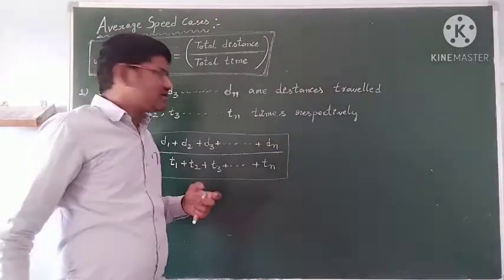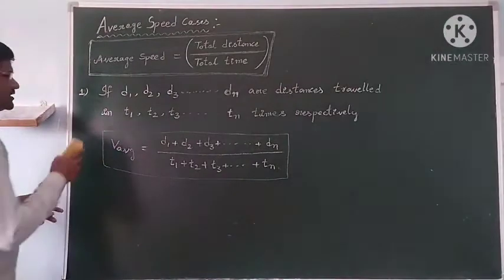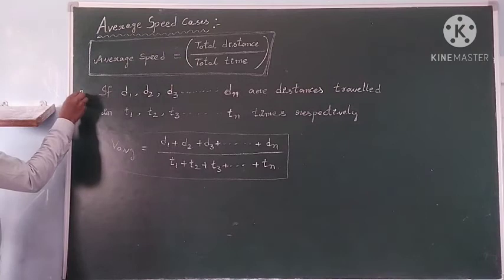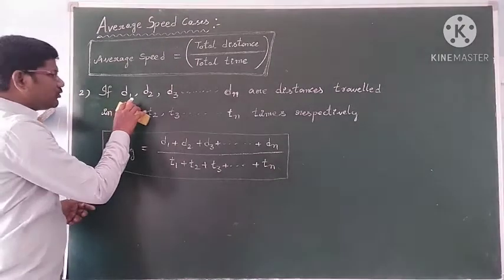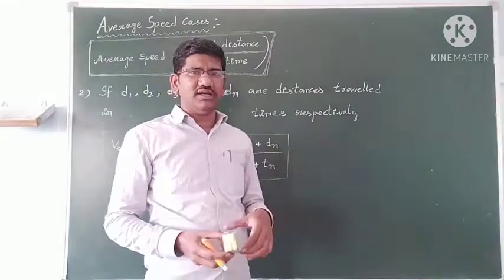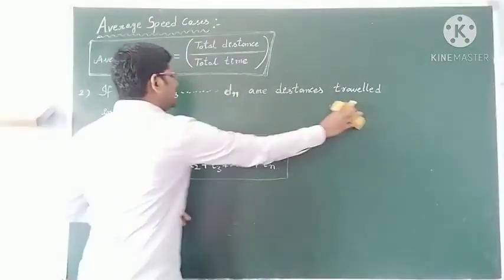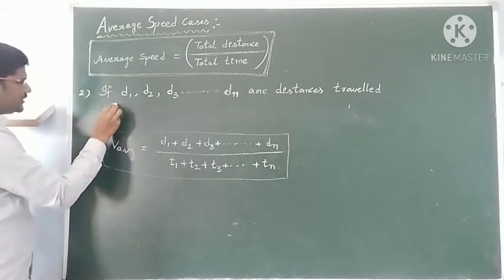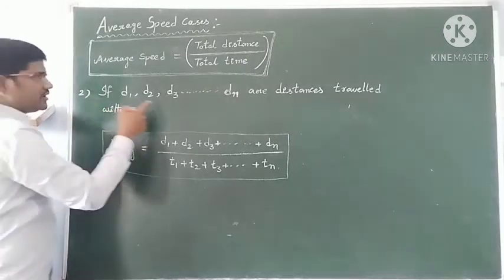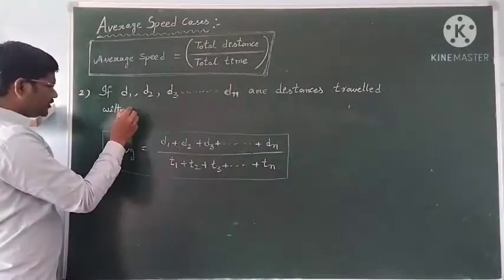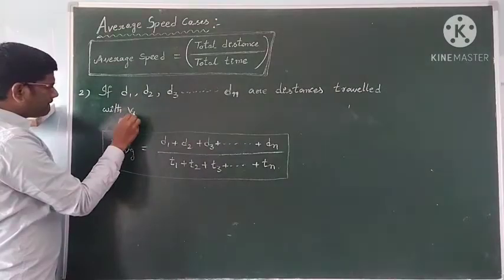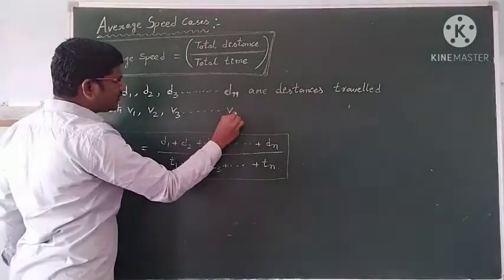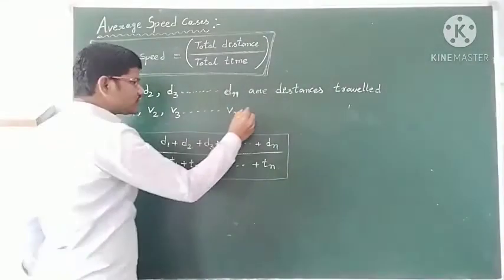Okay students, now we can see the second case. d1, d2, d3 and so on dn are the distances travelled with successive speeds v1, v2, v3, so on vn.